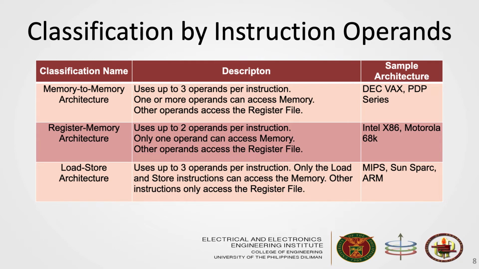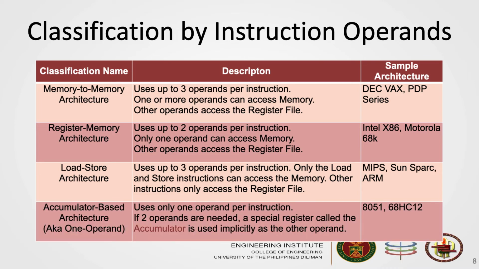In this architecture, only the load and store instructions can access the memory and transfer the data to the register file. Then there's the accumulator-based architecture, which uses only 1 operand per instruction. It uses a special register called the accumulator, hence the name, when an instruction needs 2 operands.